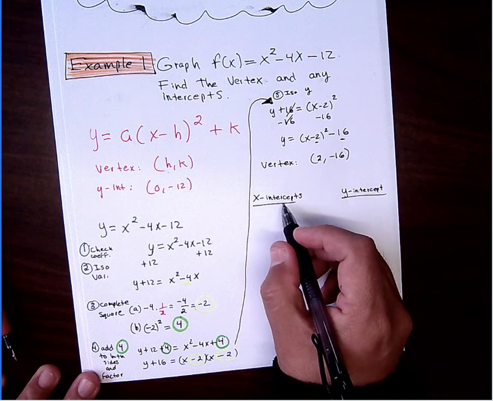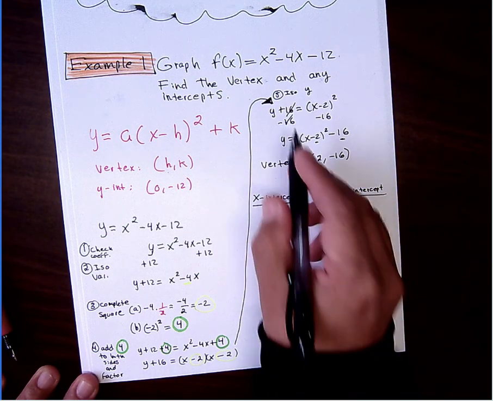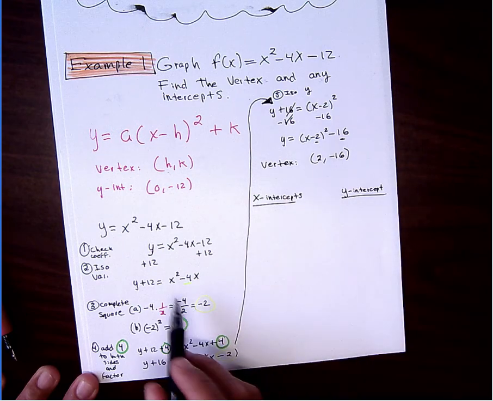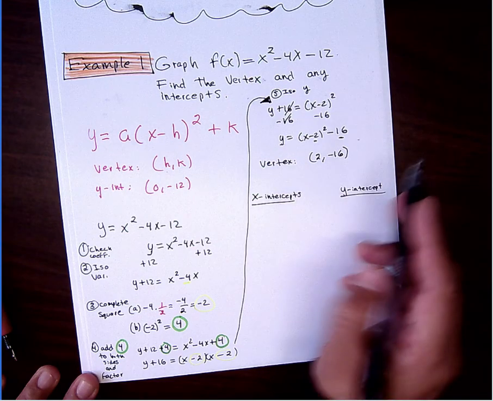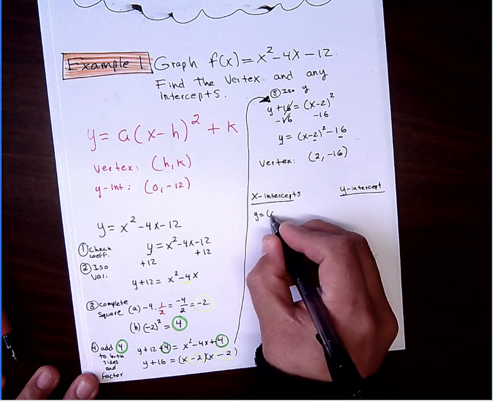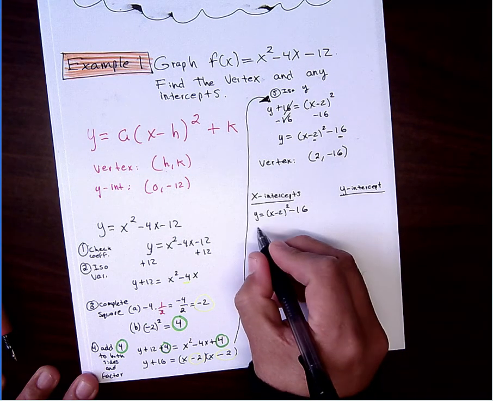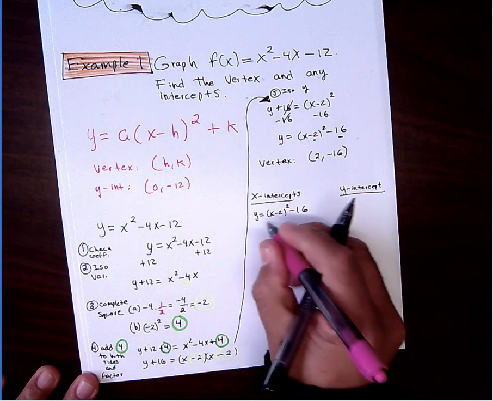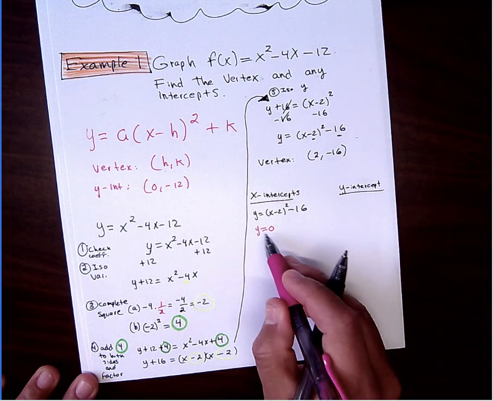So to find the x-intercepts, remember y equals 0. So we isolate the y here. We're going to use this one, and we're going to make y equal 0. So when finding x-intercepts, y will equal 0.